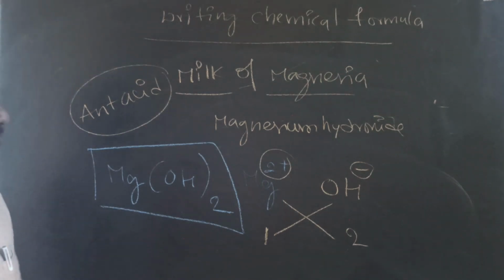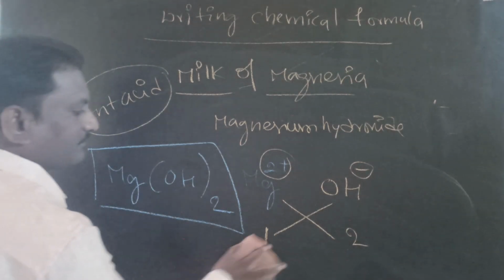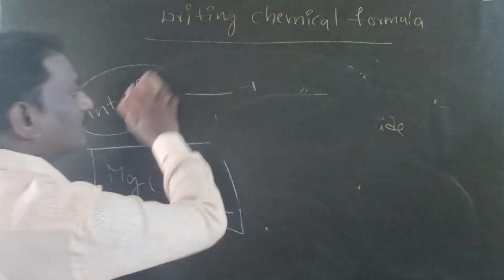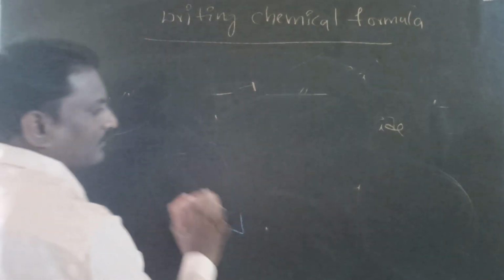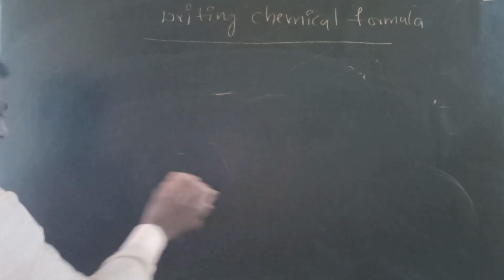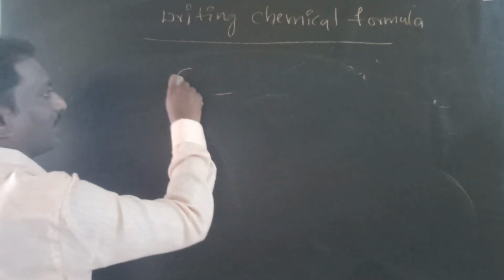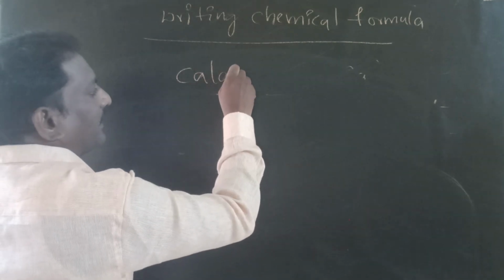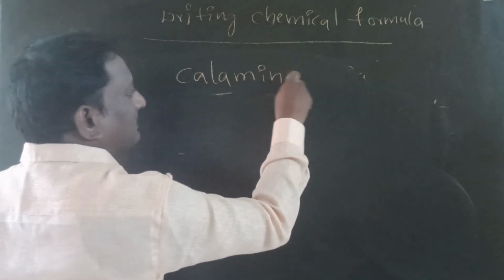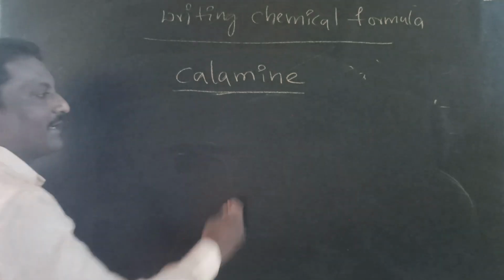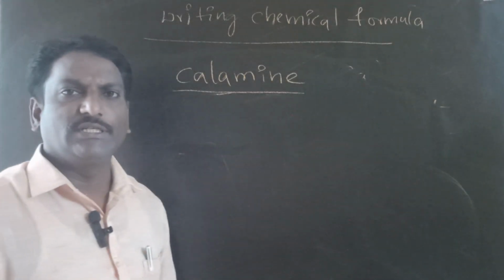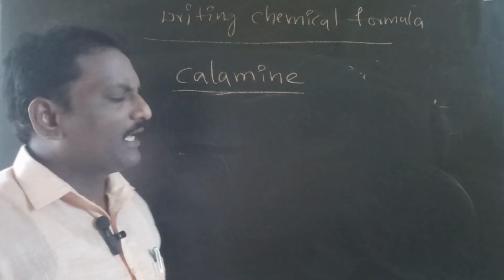Now let us take one more example. Calamine, very important. Calamine is an ore of zinc. Zinc can be extracted from calamine.